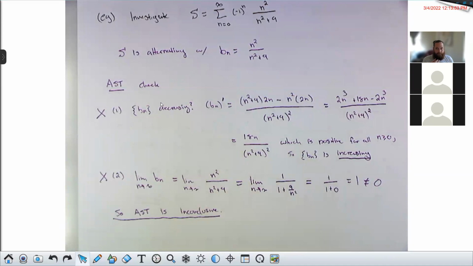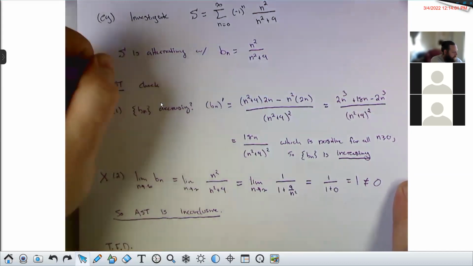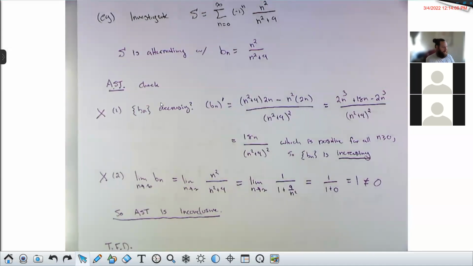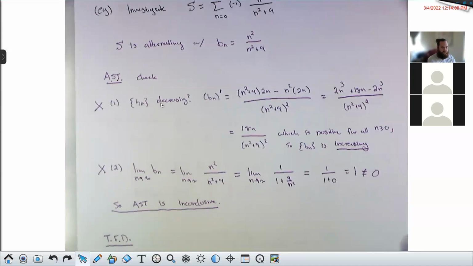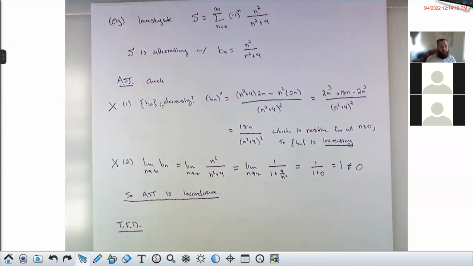TFD. Yeah. Yep, TFD will work here. And the hint that TFD will work here is that the limit of the bn's is not 0. So bn and an, they're not the same thing, right? bn is like the non-alternating part of the terms. So this piece is bn. This whole thing is an.